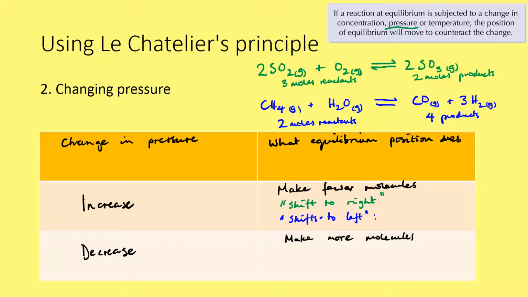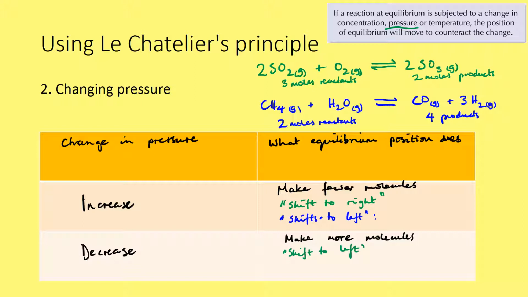That's in principle what it's going to do. But whether that shifts it to the right or the left depends on the number of moles of reactants versus products. So in the green reaction, the sulfur dioxide reaction, where we have more moles of reactants than products, that means we're going to shift to the left, because by shifting to the left, we are using up a small number of sulfur trioxide molecules to make more molecules of sulfur dioxide and oxygen.